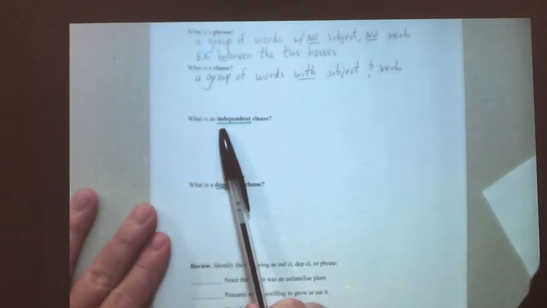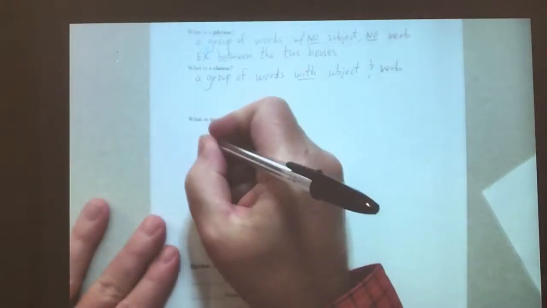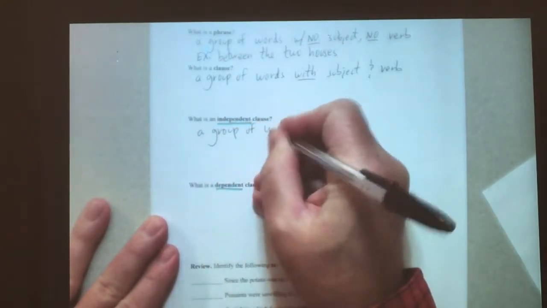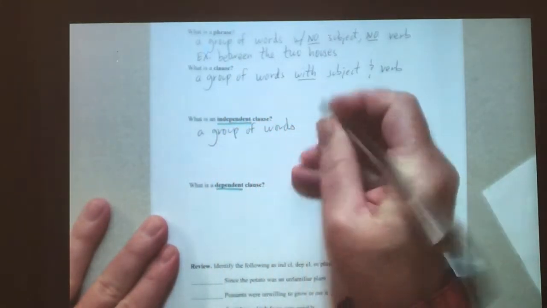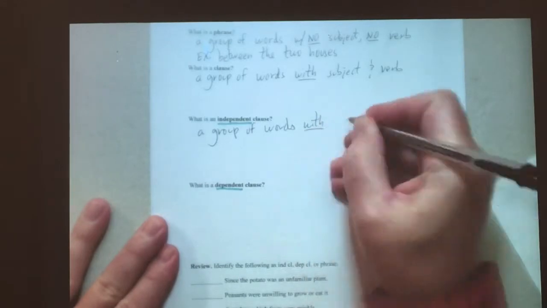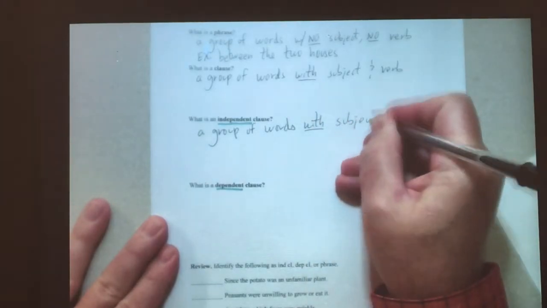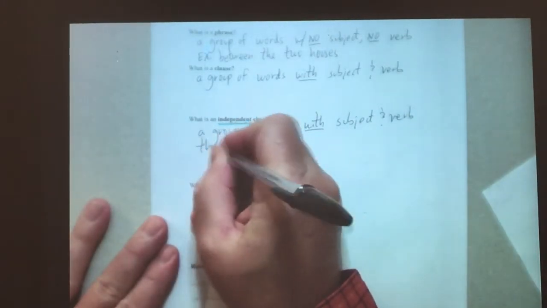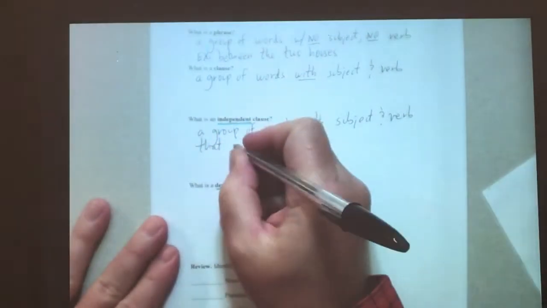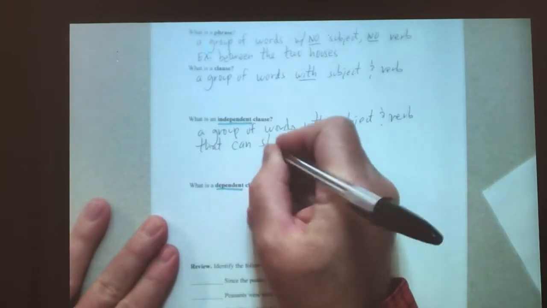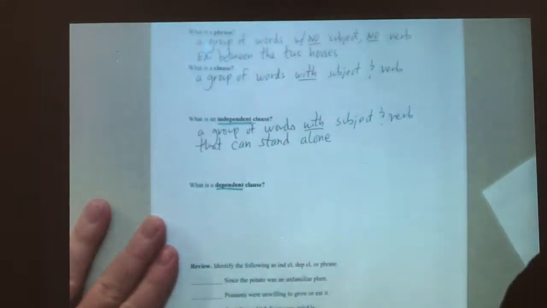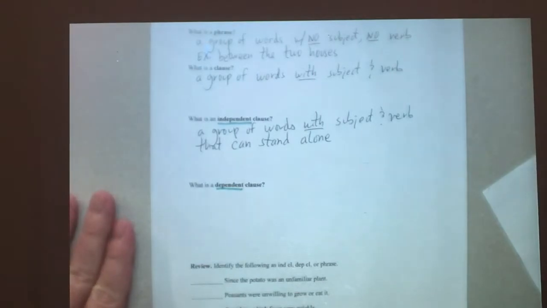So now, let's take that understanding and apply it to our definition here. So, an independent clause, right, is a group of words with subject and verb. That is independent. That can stand alone. And it can stand alone because it expresses a complete thought.